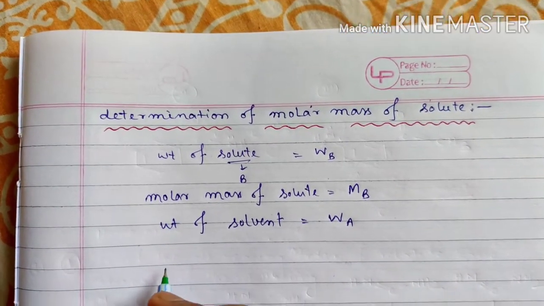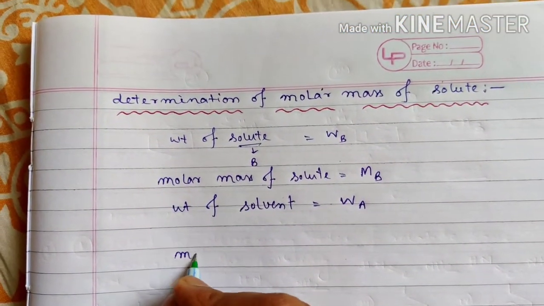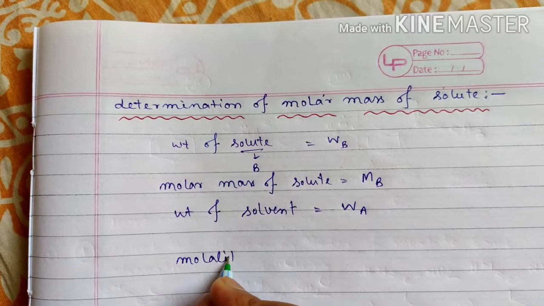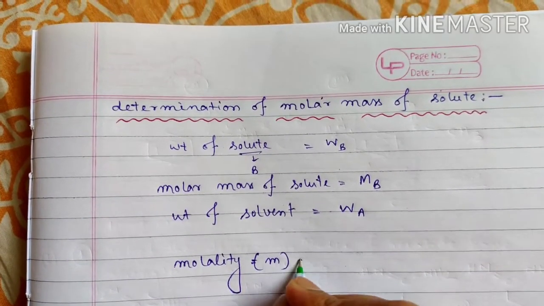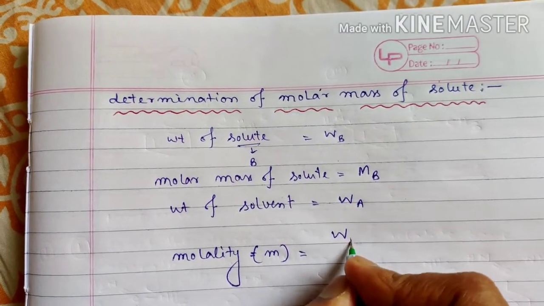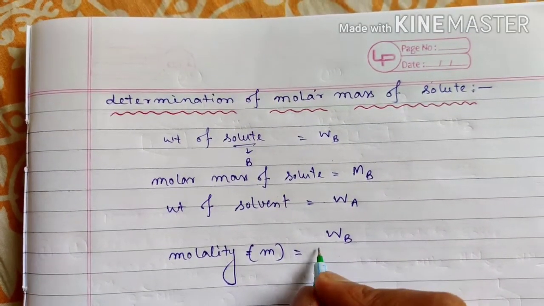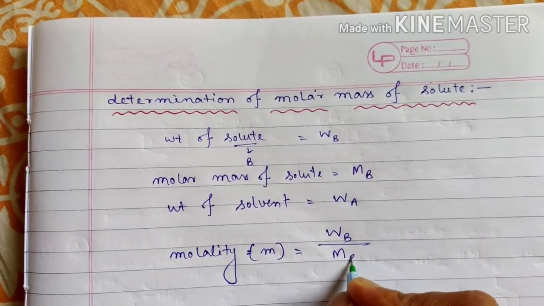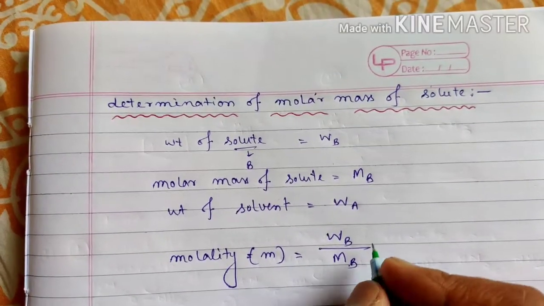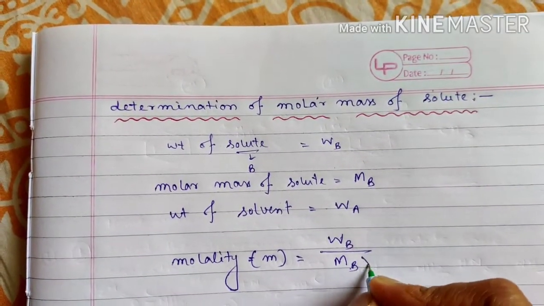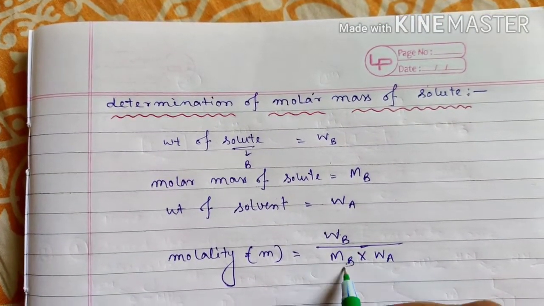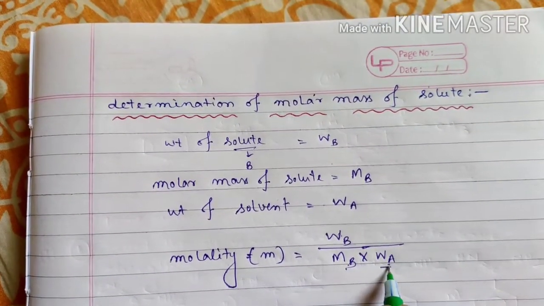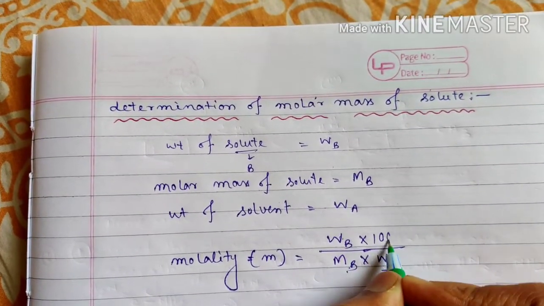So if we want to define the molality, small m should be equal to Wb by Mb into Wa, that is given mass by molar mass, into Wa, that means Wb by Mb into Wa into 1000.